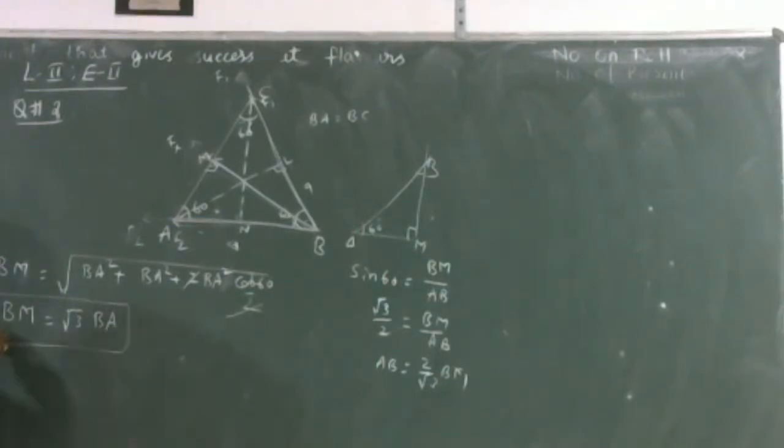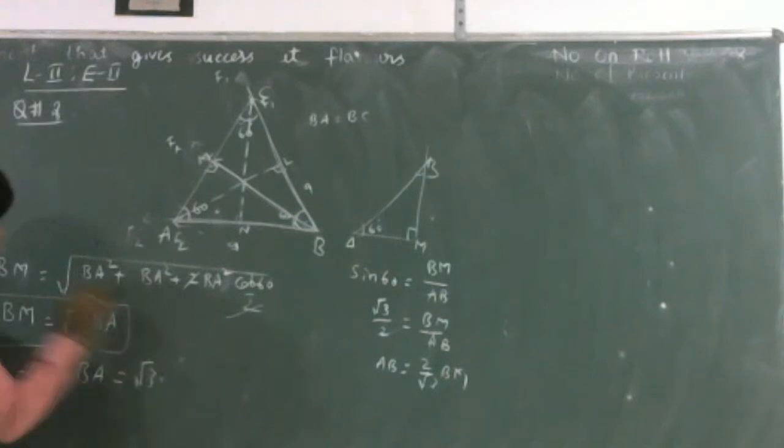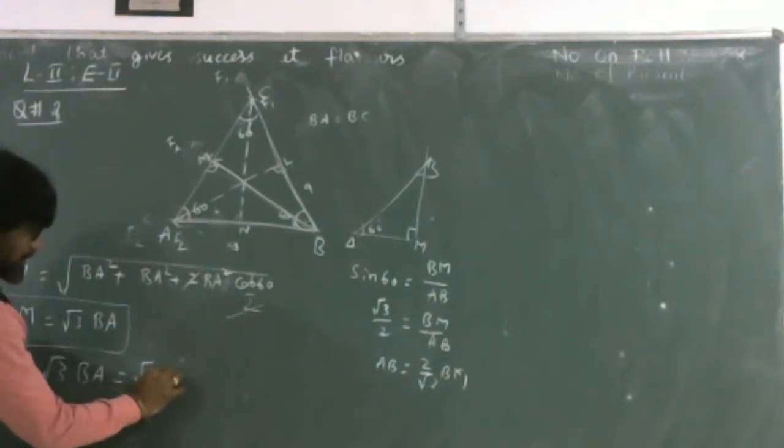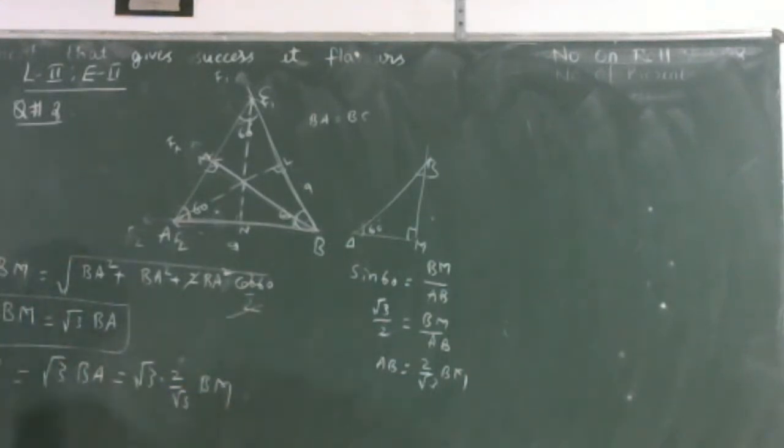Then actually, instead of this BM, you can take R is equal to root 3 BA, which is root 3 times BA, which is 2 by root 3 BM. So if you simplify this, you will get 2 BM.